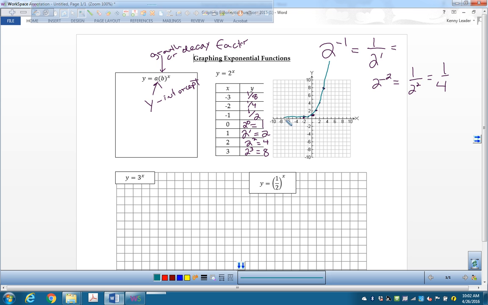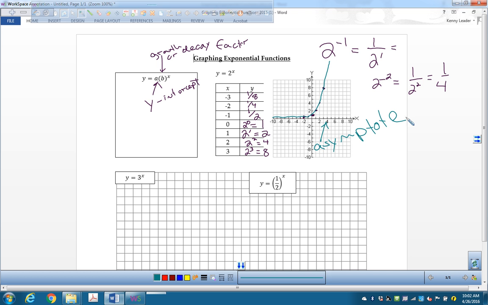Is it ever going to touch the x-axis? No. This x-axis has a name. It's called an asymptote. An asymptote is a line that the graph gets close to but never touches.